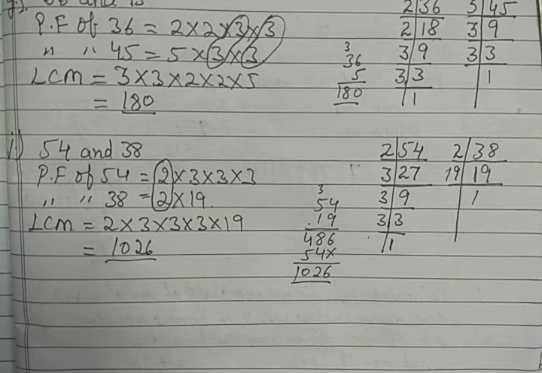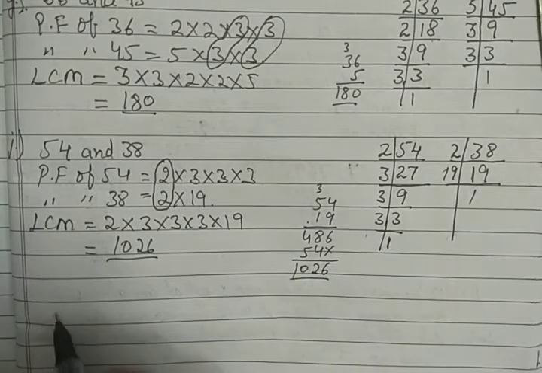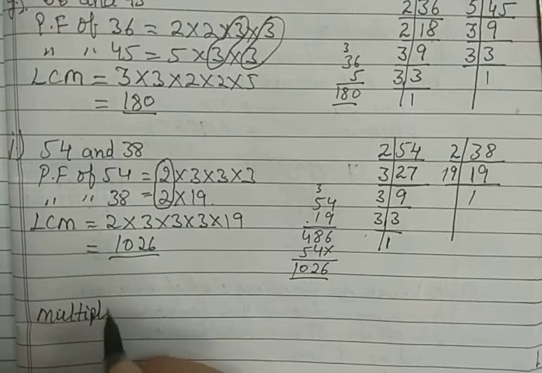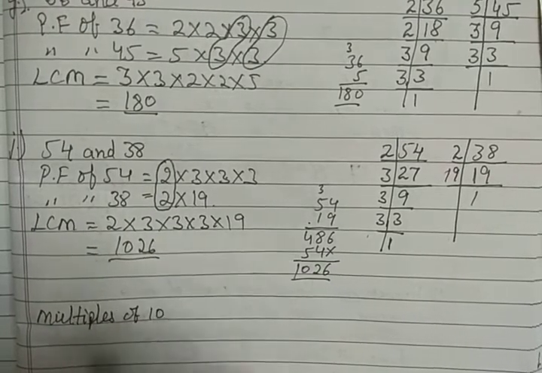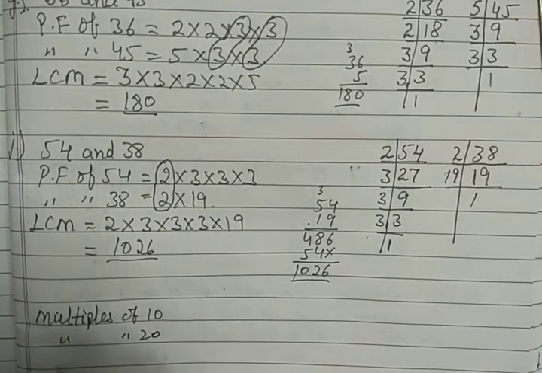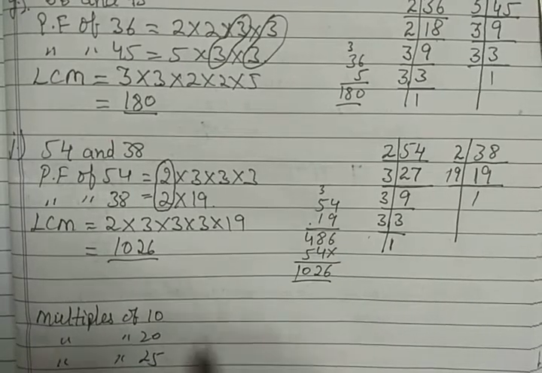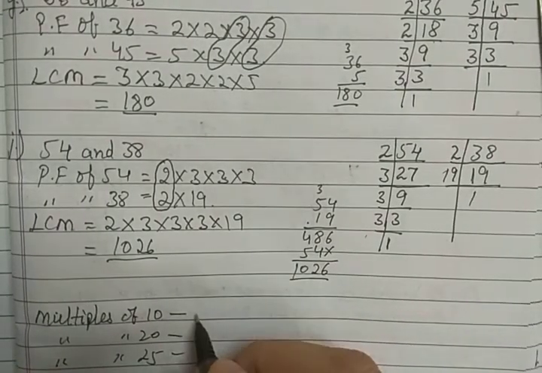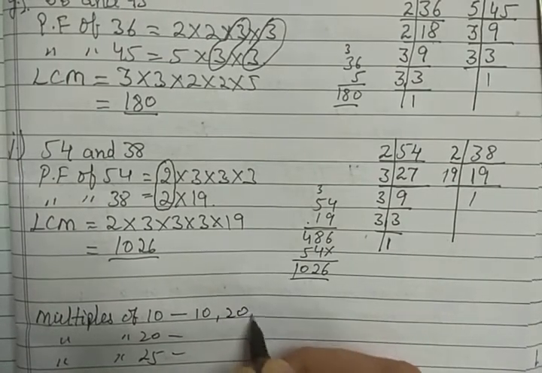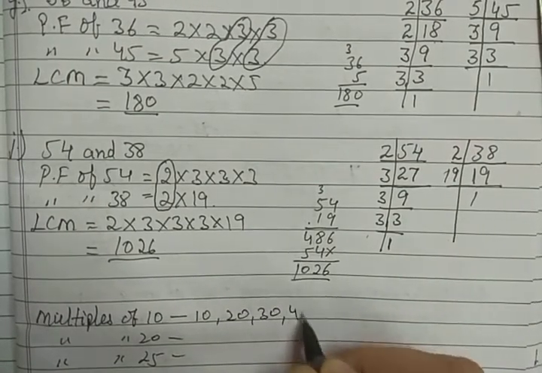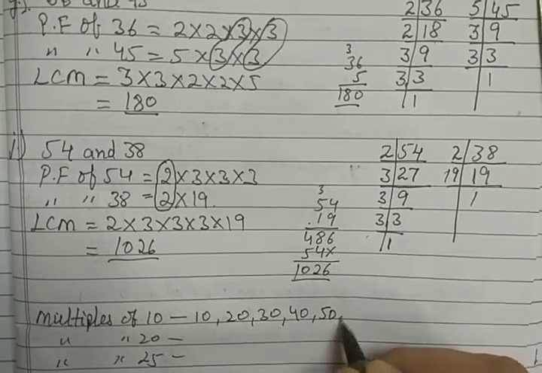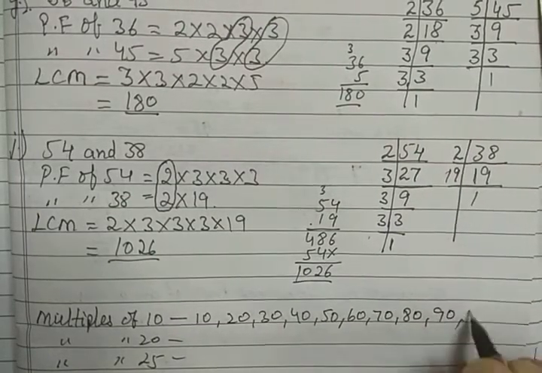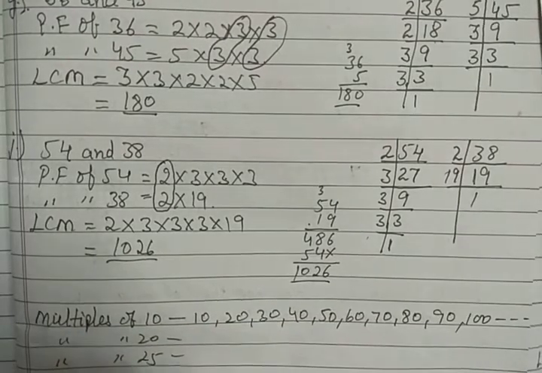So we will write the multiples of 10, then multiples of 20, and then multiples of 25. So write these. 10 ones are 10, 10 twos are 20, 10 threes are 30, 10 fours are 40, 10 fives are 50, then 60, 70, 80, 90, 100 and so on.